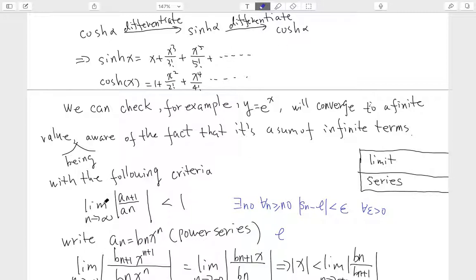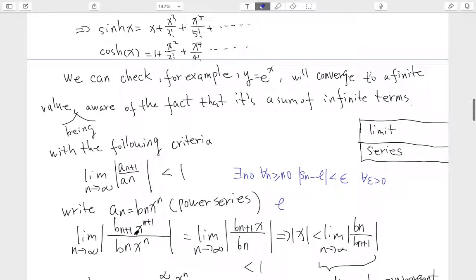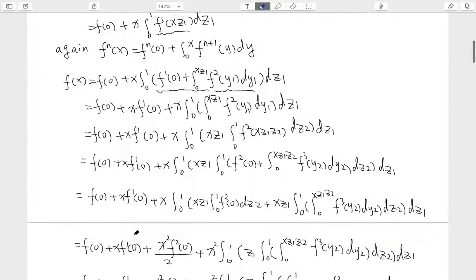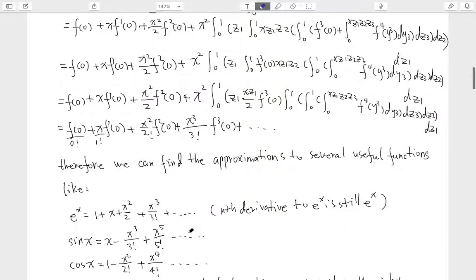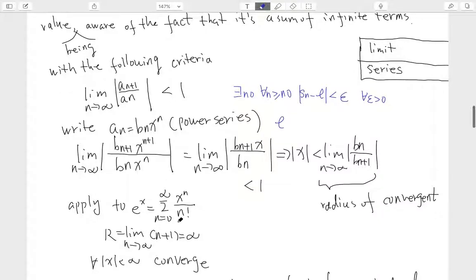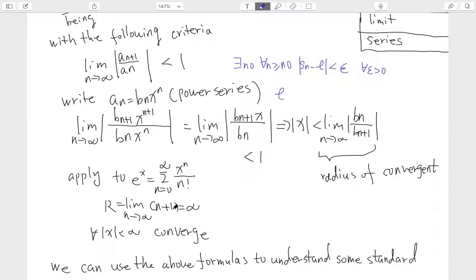And then we go back to derive the criterion. We can substitute a_n as b_n times x to the n, which is called a power series because it involves powers.